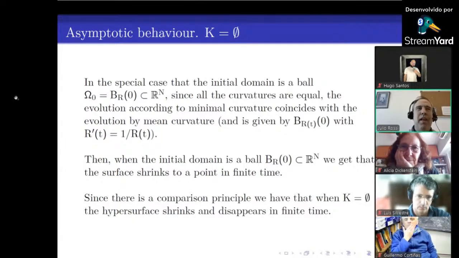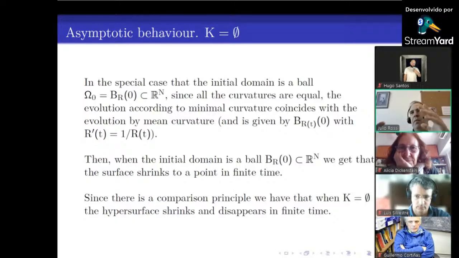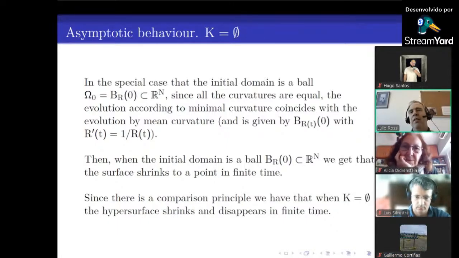So the ball evolves exactly as the mean curvature flow without any obstacle, and the solution is also a ball, and the ball has a radius that is decreasing, satisfies an ODE, and disappears in finite time. And since you have a comparison principle for this evolution, if you take any initial surface that you want, and you put it inside a large ball, the large ball collapses to a point in finite time. So your surface will shrink and disappear in finite time. So the asymptotic behavior when there is no obstacle is that everything is going to shrink and disappear.